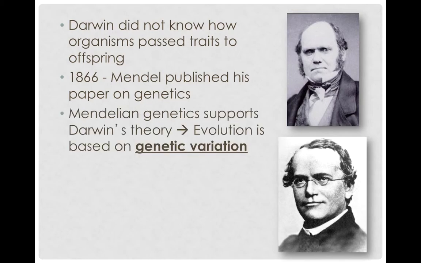It was in this paper that it was found that evolution is based on the genetic variation that exists within different traits. So it was Mendel meeting Darwin's theories that gave us the idea that evolution is really based on genetic variation, which is something we really need to know to totally understand how evolution works.